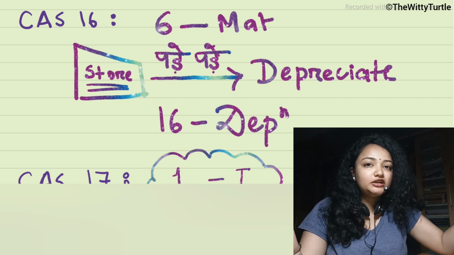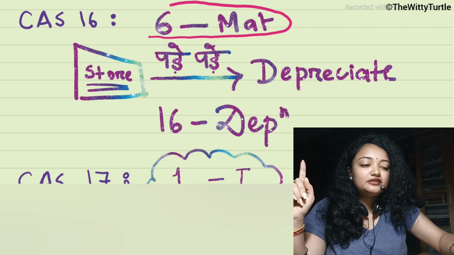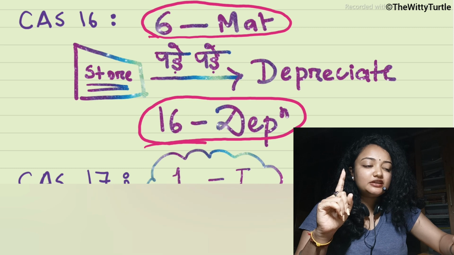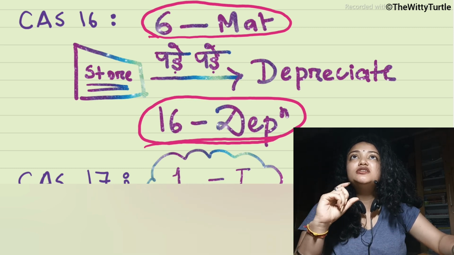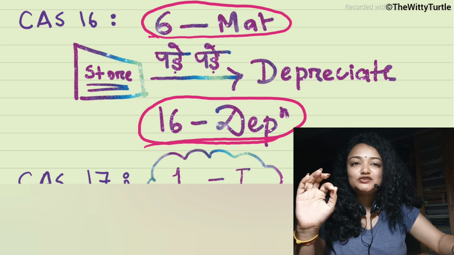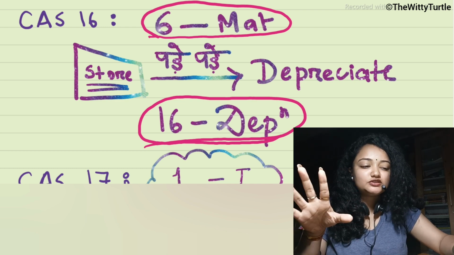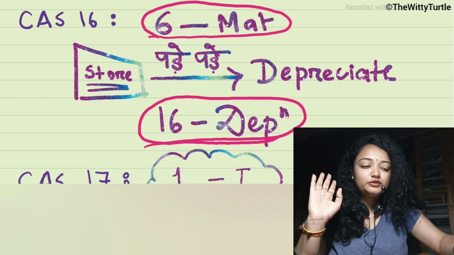Lying there, it will start depreciating. So 6 is your material cost and 16 will be your depreciation cost. And along with depreciation, what is the additional word that always comes? That is your amortization cost. So depreciation plus amortization cost, that is your CAS 16, right? I hope this is clear.